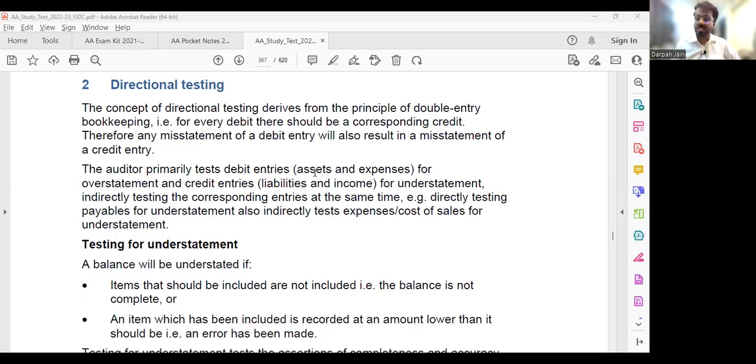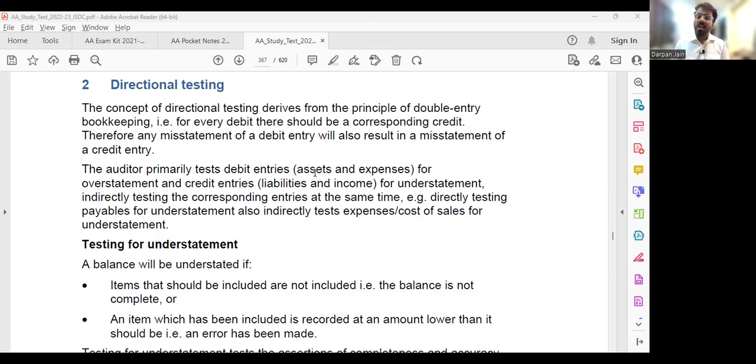Testing for existence means you are checking whether the company has included some fixed assets in their balance sheet which are actually not there. Some fake, fictitious assets they have included which are not present. So what are you testing? You are testing whether the fixed assets value is overstated or not.